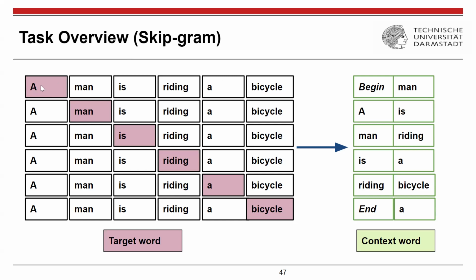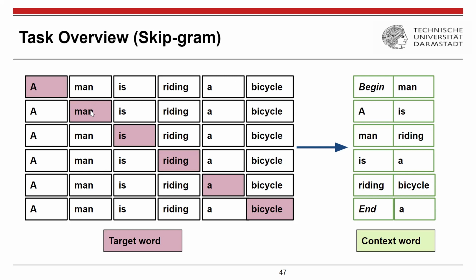What you do is that you pick one of the words as a target word. Here the target word is A, and you use this target word to predict the other context words like begin and man. Begin here is a meta token, so it is not a word, but man is a word. So it has to predict that A is the beginning word, and then its surrounding word is man.